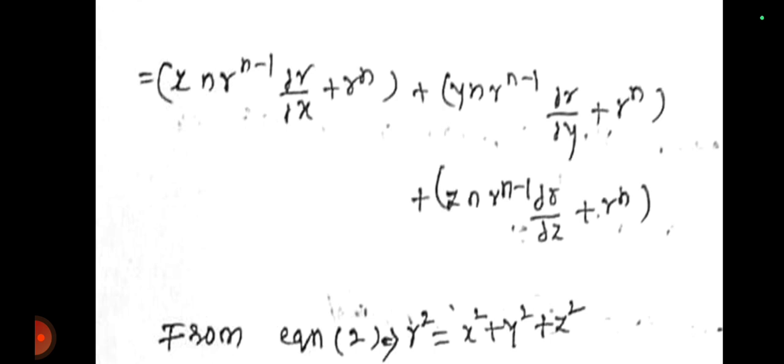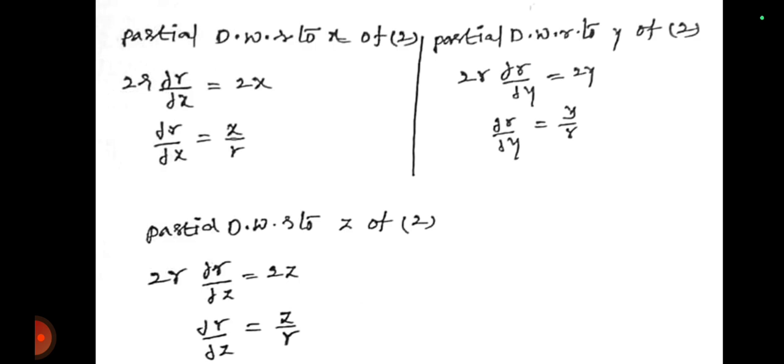So from equation 2, r square is equal to x square plus y square plus z square. Taking partial differentiation of equation 2 with respect to x, we get 2r into dou r by dou x is equal to 2x, so dou r by dou x is equal to x by r.